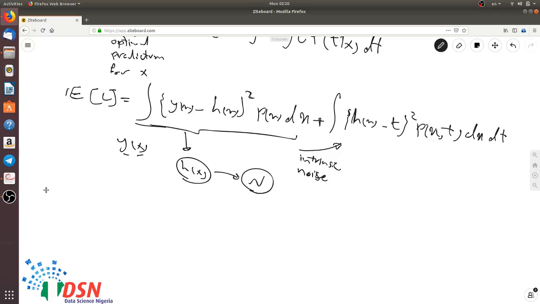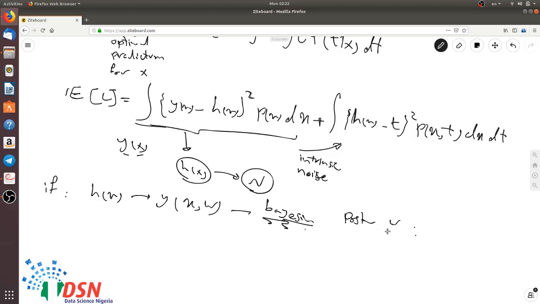So if we model h of x with y of x and parameter w, and we use the Bayesian perspective, it means that after applying the Bayesian approach we have a posterior distribution over w.